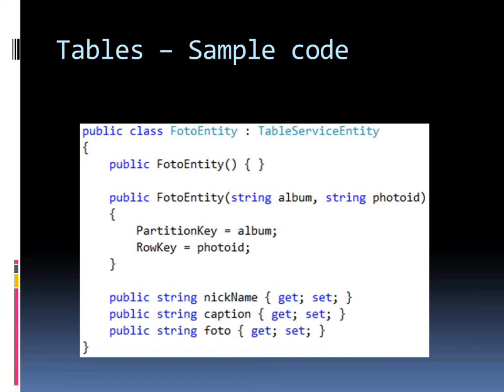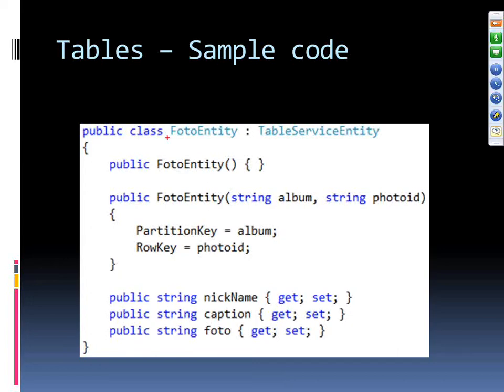The way you have to work with tables is, first, you have to create a mapping of what you want to store. This is like an entity model. You have to create a class derived from the table service entity, and this entity class will have a mapping of all the values that you want to add into the table.